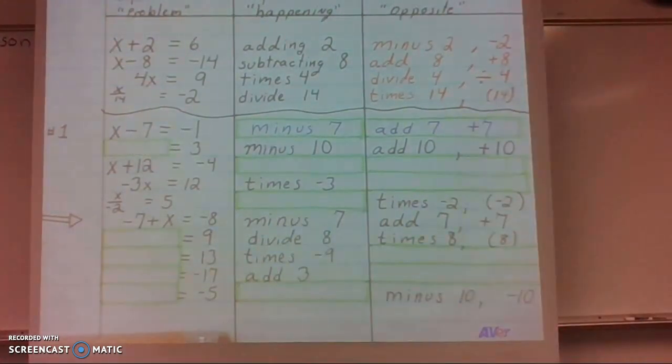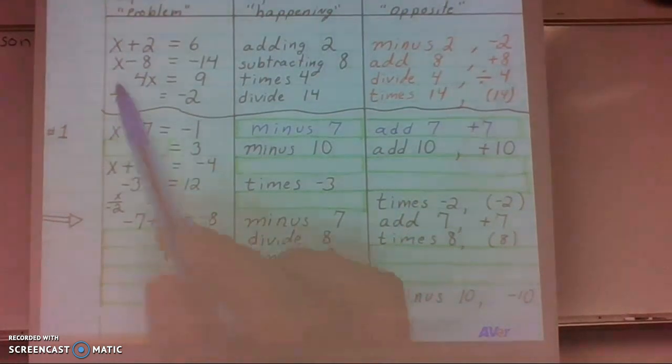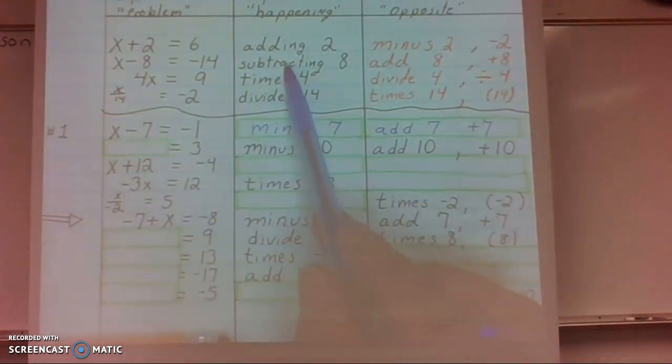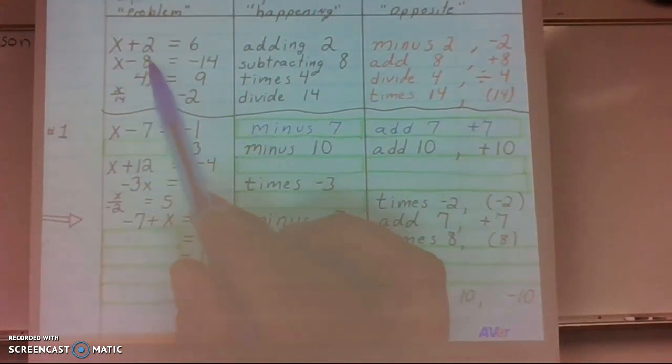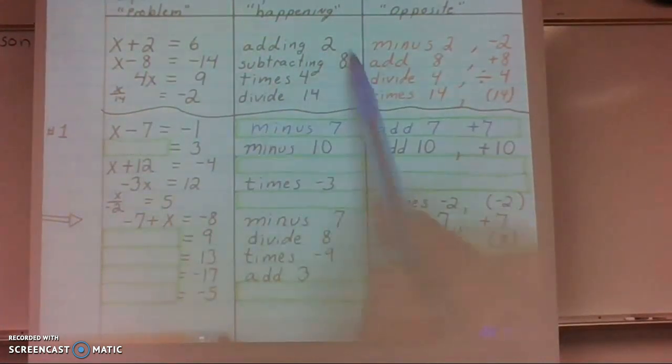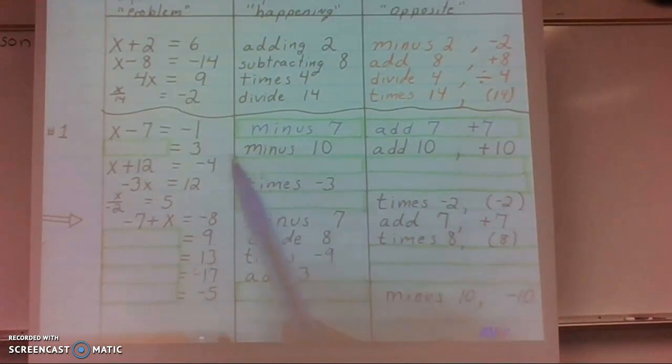So it is now your job to go through, look at these clues. Over here you have to write the equation. But just look up here. Remember, if it says subtracting 8 and add 8, what does it look like? Well, it looks like x minus 8. So use these clues up here. Use my clue, but go ahead and finish the rest of these boxes.